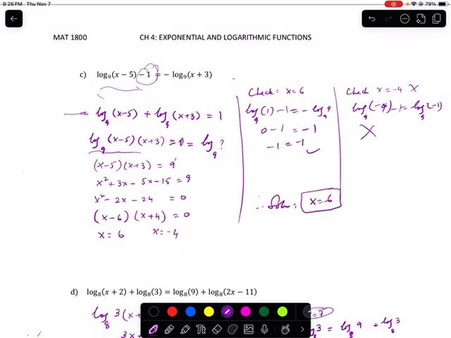Remember, log of a base a is 1. So I can write here 9. Now if you write it this way, over here it will be log base 9 of 9. So you see there is one log term here and one log term on the left, so we can use the 1-to-1 property. But I did it a different way.